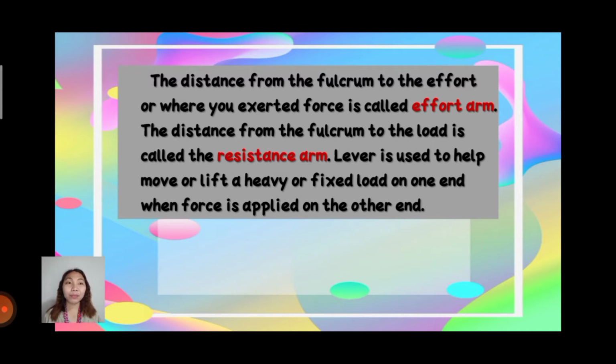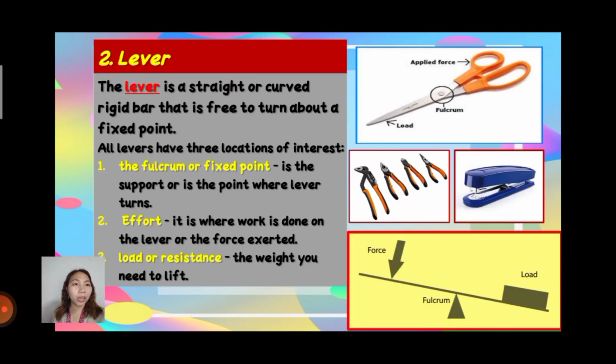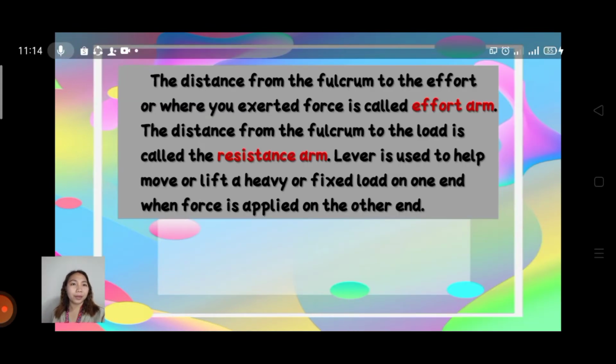And the distance from the fulcrum to the load is called the resistance arm. Lever is used to help move or lift a heavy or fixed load on one end when force is applied on the other end. Okay, nakita ba mo niyo atong example? Okay, that one.